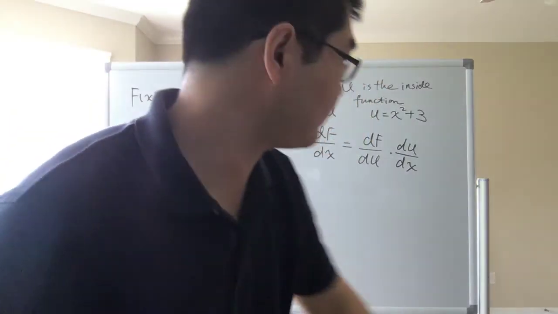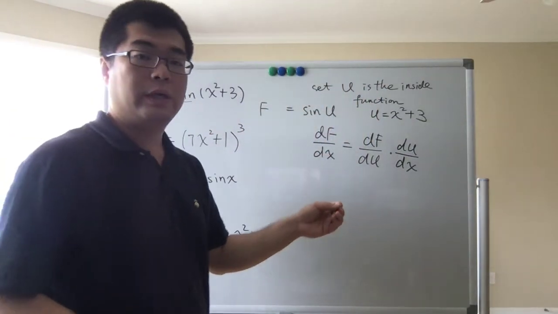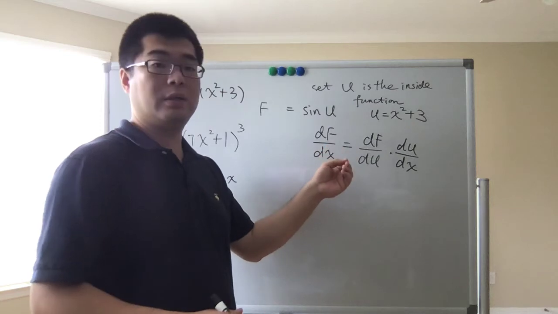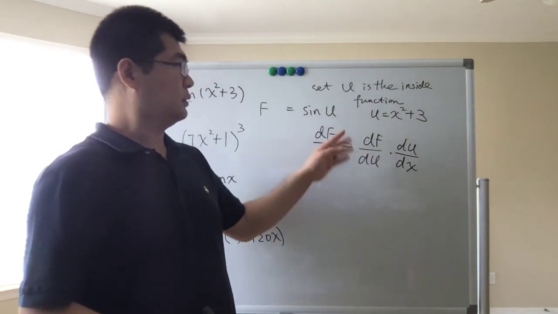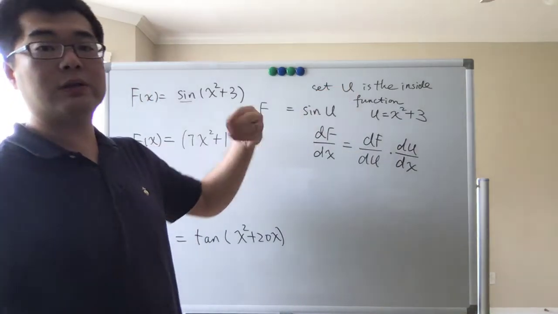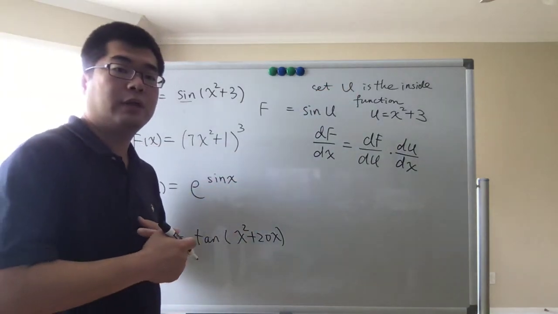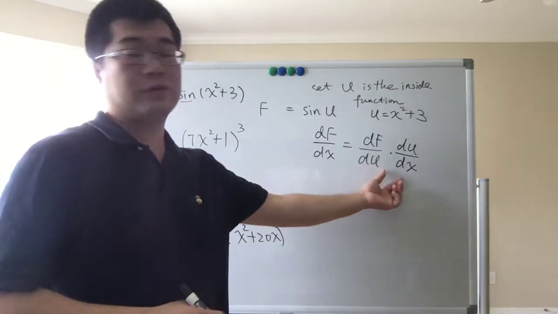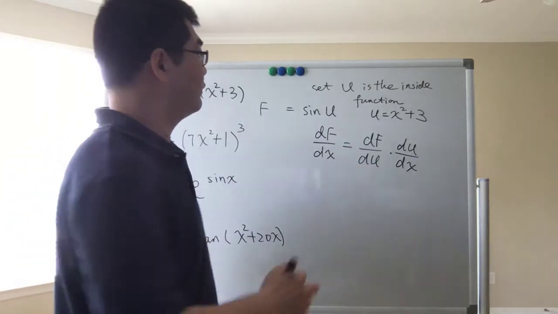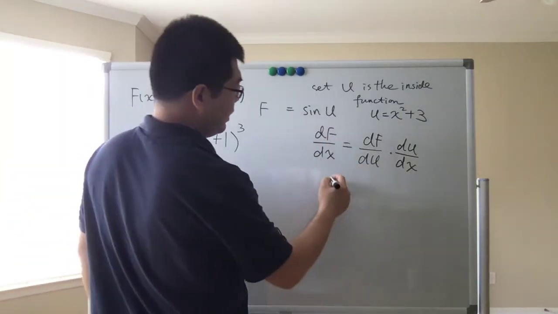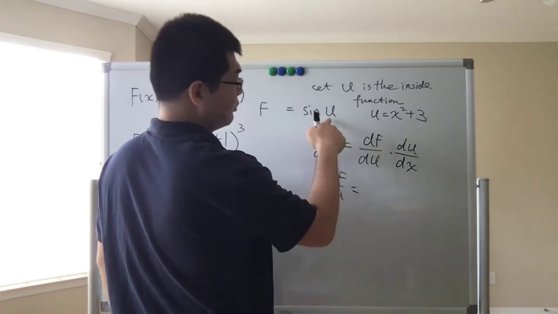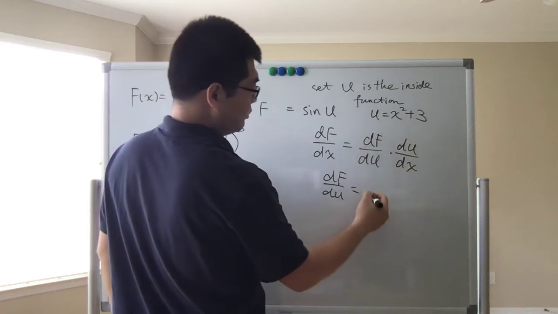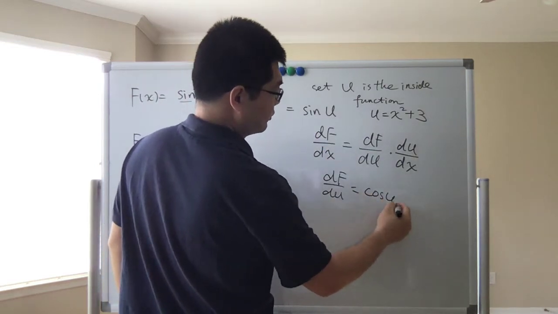So this is the core idea of the chain rule, where you set u equal to the inside function, and then do those two steps. First of all, let's take a look at dF/du. Again, guys, u right now is a variable. Do you agree that it equals cosine of u, right?